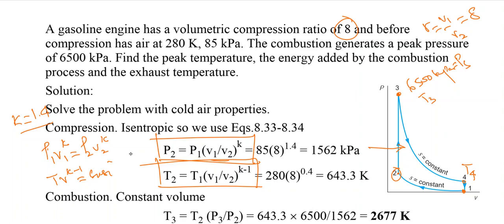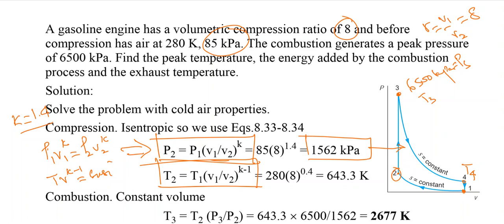For the pressure, we have P1 equal to 85 kilopascal, V1 by V2 equal to R, which is 8, and k equal to 1.4. Putting in the values, we get the pressure P2 equal to 1562 kilopascal.